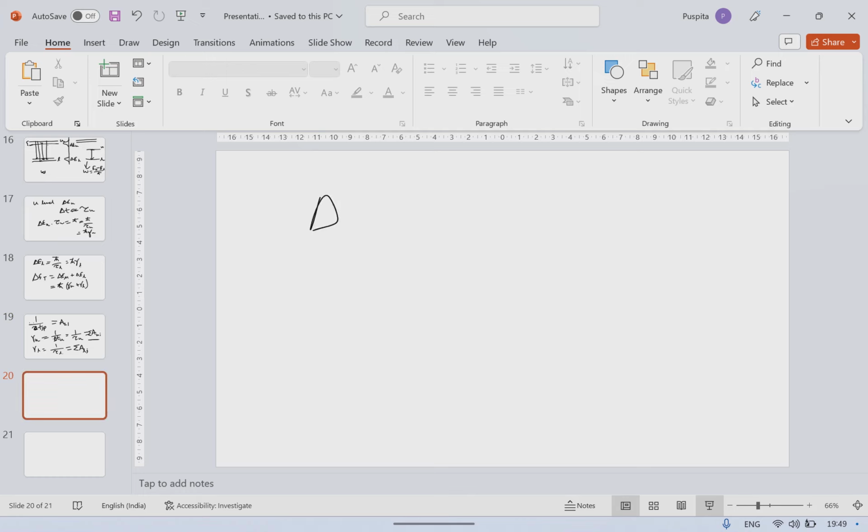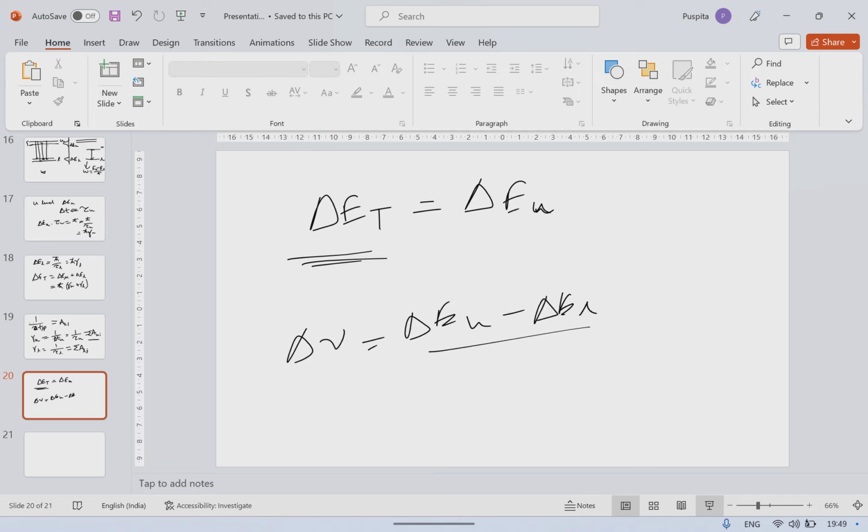So delta E_T becomes delta E_U plus delta E_L. One thing about uncertainty is a basic rule: it never gets a minus. Like, delta nu should be E_U minus E_L by h cut, right? Because the frequency omega is E2 minus E1 by h cut.